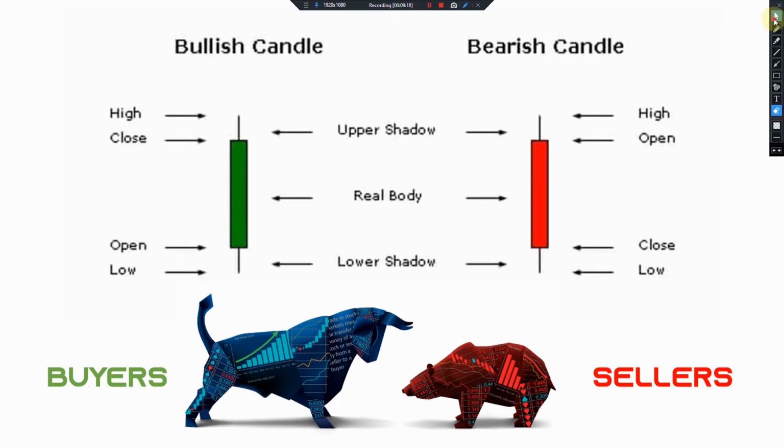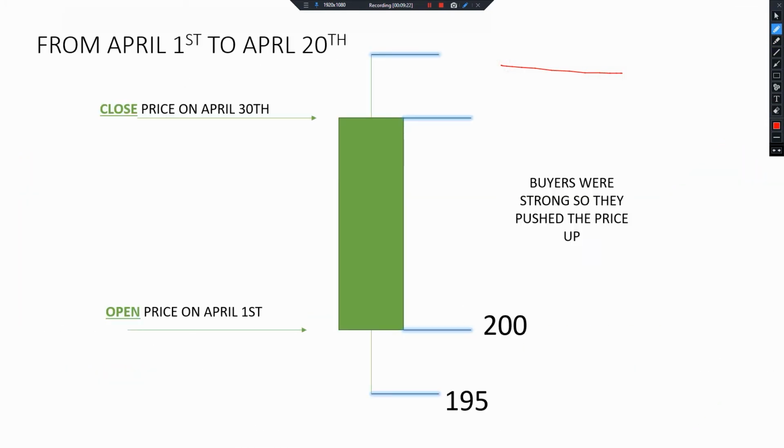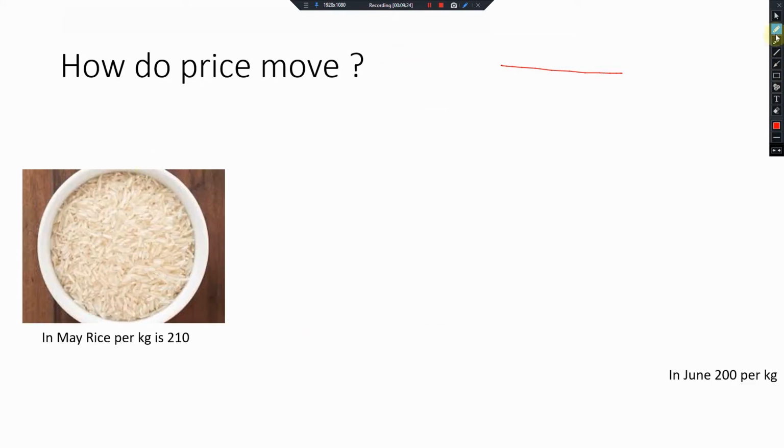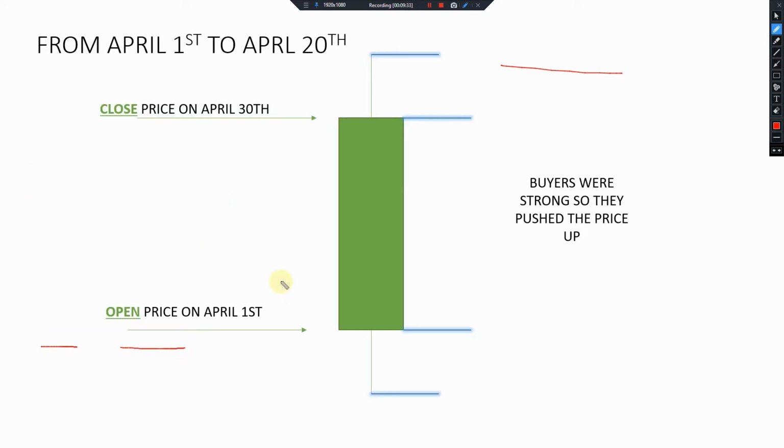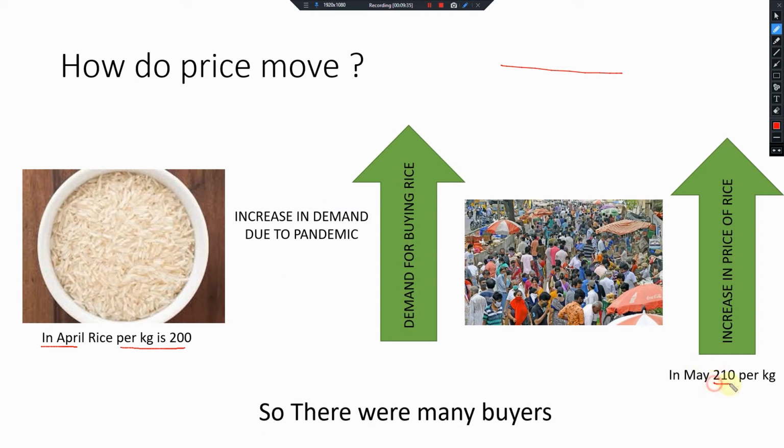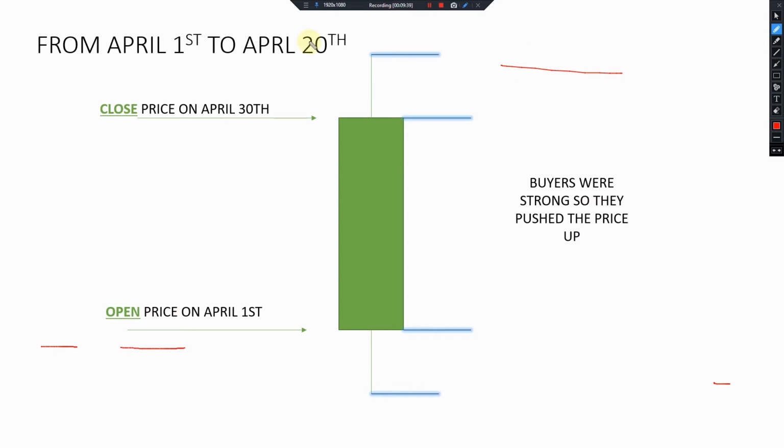Now let's see the bearish candle. Let's see the month of May. In the month of May, the rice per kg was 210, because in the previous example we saw that the price closed at 210 at the end of the month, right?